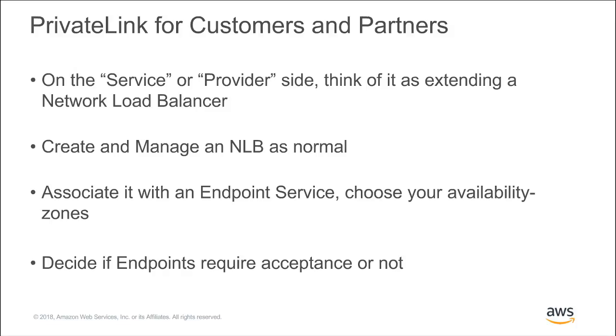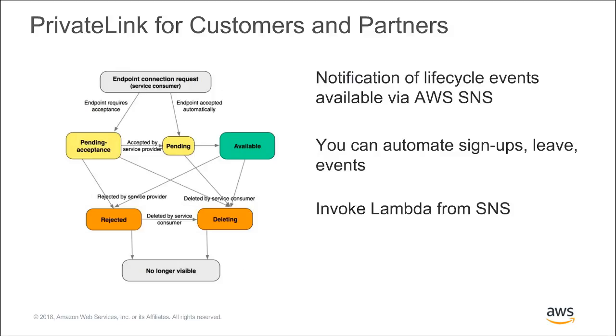You're charged for it as normal. But you can now associate that with an endpoint service. So when you create an endpoint service in the endpoint service tab in the console, you choose the availability zones you want to support, and you can decide if endpoints need acceptance or not, which just means when customers try to use them, that they have to be accepted by you or not.